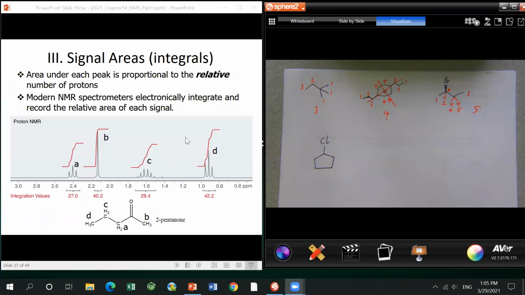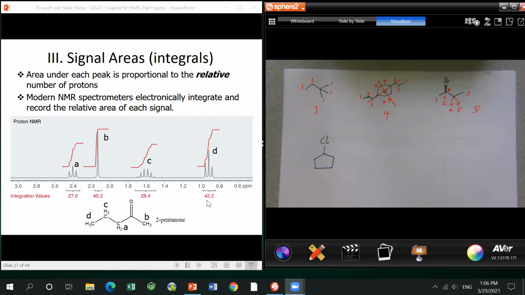The next topic is signal area. That's another piece of information provided by a proton NMR: integration. Quite often in a proton NMR, there's a curve above each peak and some number underneath.